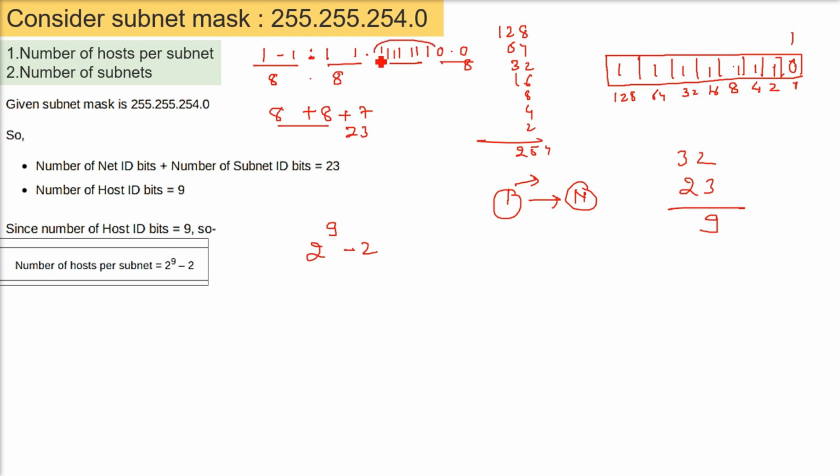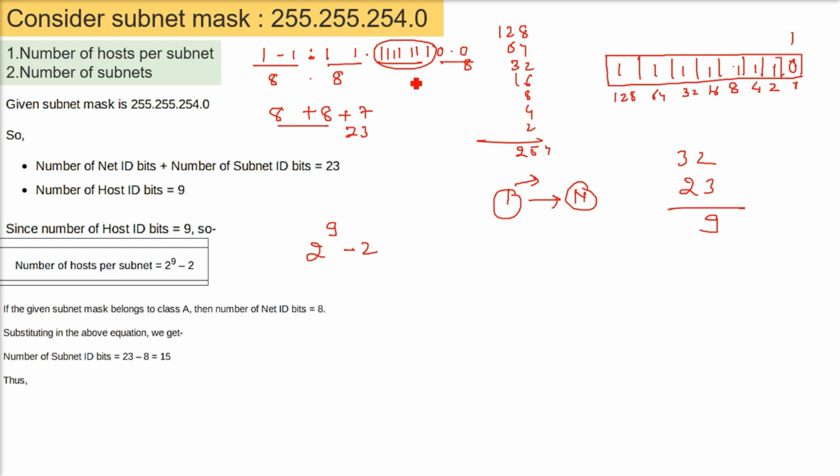Now this is borrowed. This 7 you have borrowed from the third octet. But just imagine that if this is class A, it means the first 8 bits from the left, the first octet, is always network.